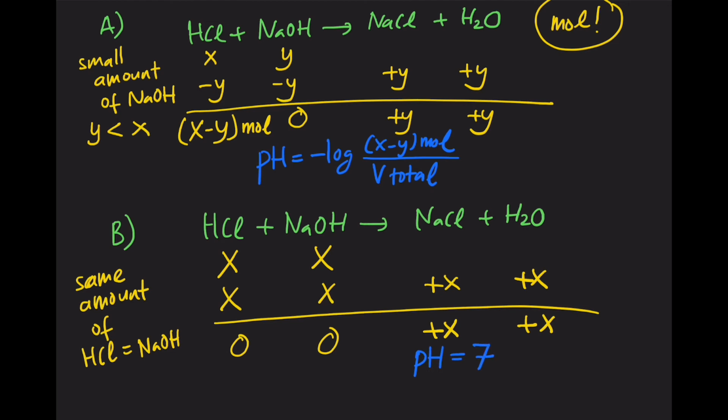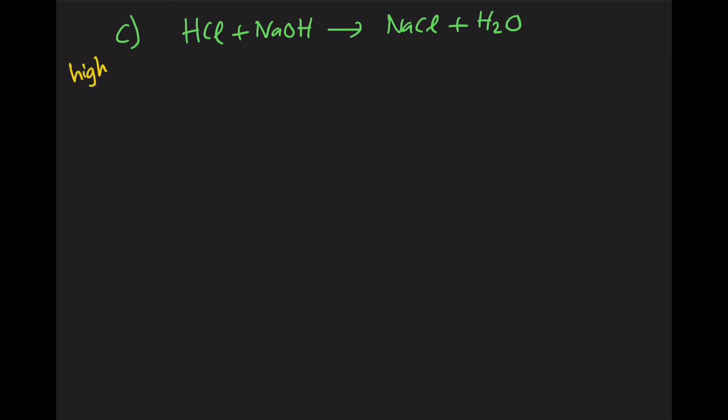And finally, you will have the point after the equivalent point, so point C. Again, the reaction is exactly the same, forming NaCl plus H2O. And in this case, you will have a higher amount of NaOH. So now you would have added a lot of NaOH to the beaker.